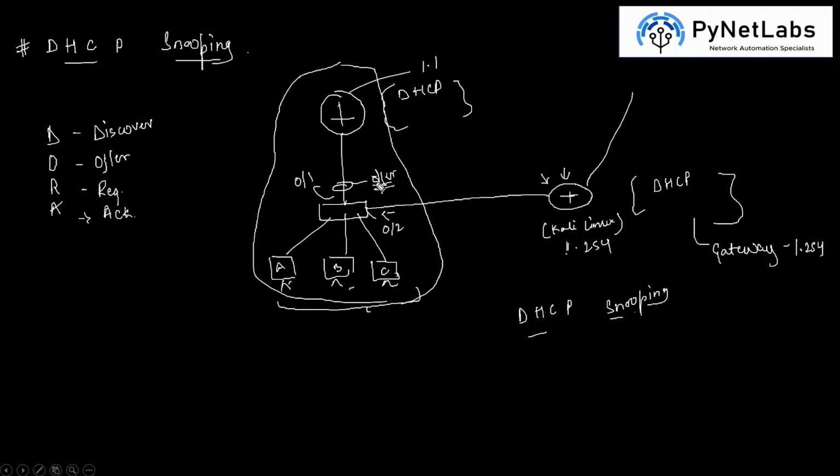And after configuring DHCP snooping, you tell the switch that, hey switch, you don't have to accept any offer message from any other port other than FA0/1. So whatsoever is the port number which is being connected to our legitimate DHCP server, we will tell the switch about that, and any other port, let's say FA0/2 or 3, 4, 5, whatever. On those port numbers, the switch won't accept any offer message.